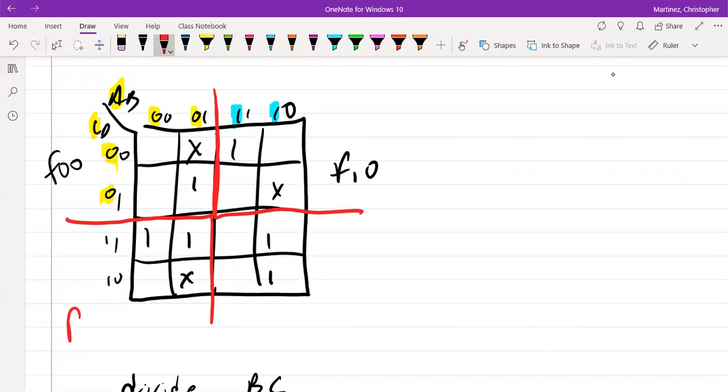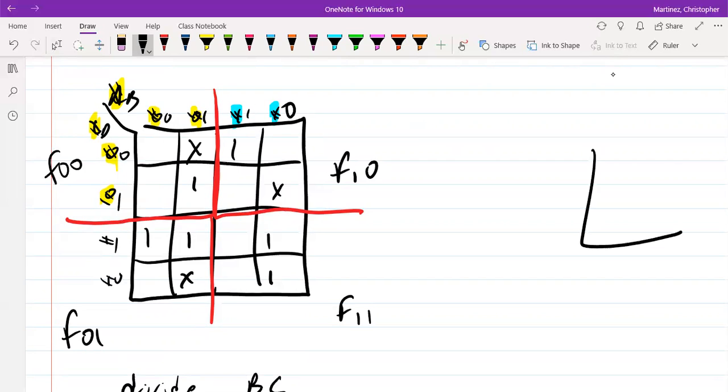So let me put that in black here. So that's F01. And then the piece that we have left is F11. A comes out. C comes out. So I have a 2 variable Kmap still. All right, now I just got to solve these pieces.